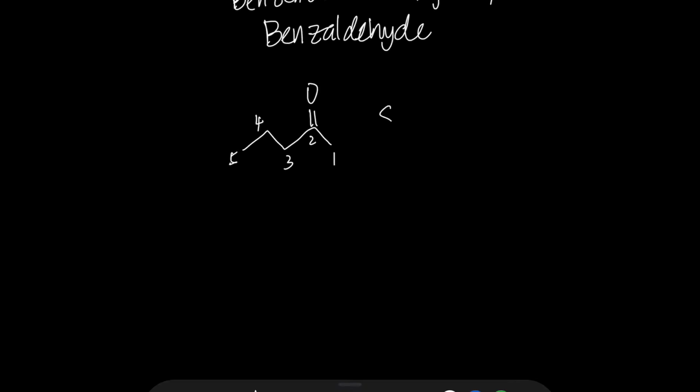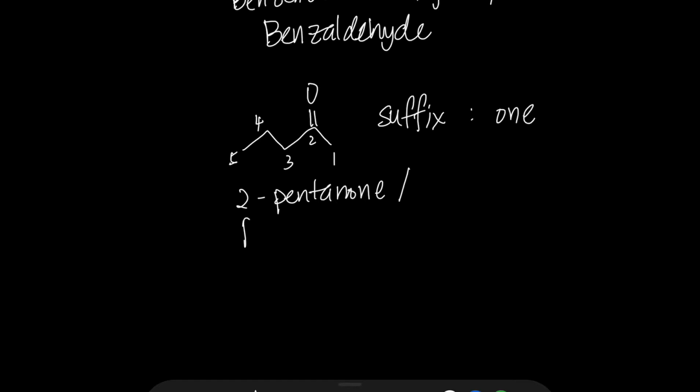The suffix for ketone is "one". We have to indicate the position of carbonyl carbon in the name. So it is 2-pentanone. Or you can name it as pentan-2-one.